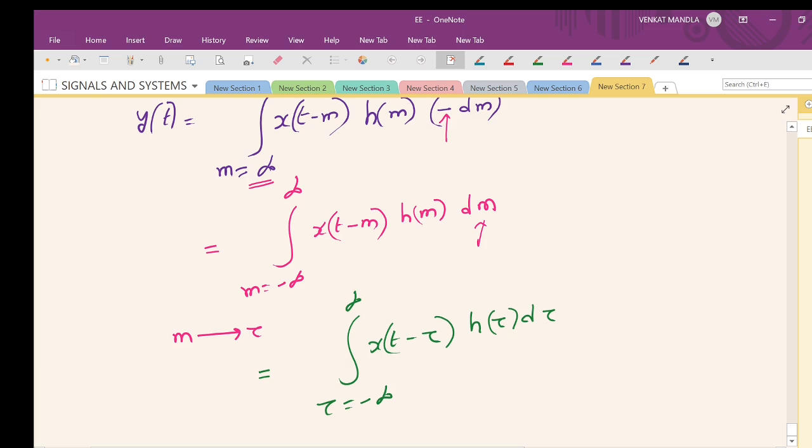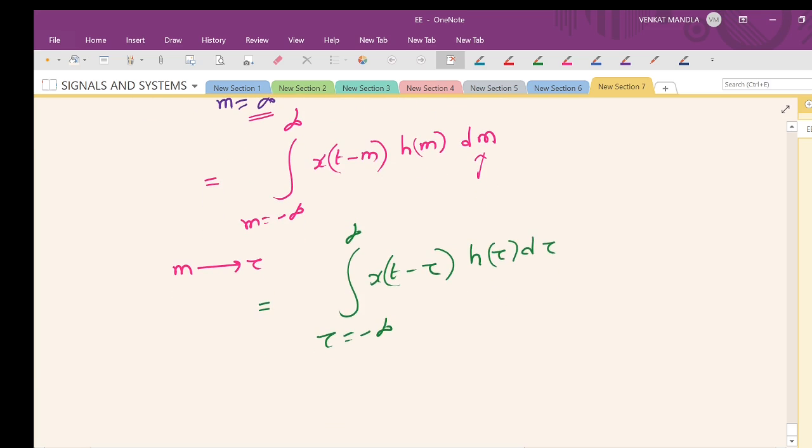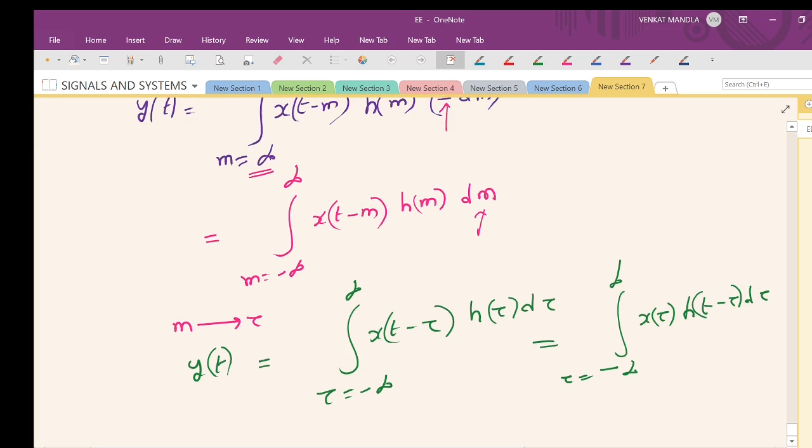Okay, so this is nothing but y of t only, right? y of t is the integral from minus infinity to plus infinity of x of tau h of t minus tau d tau, right?